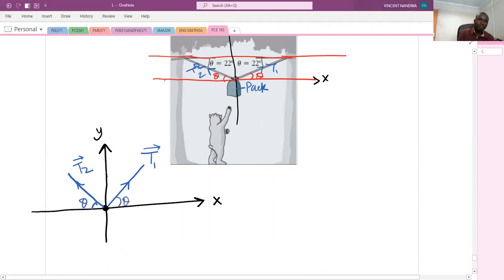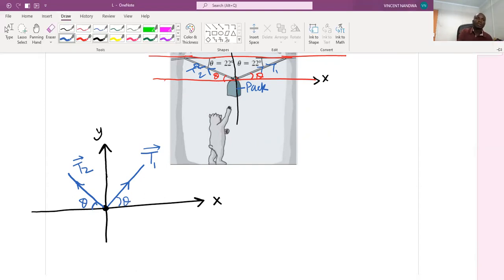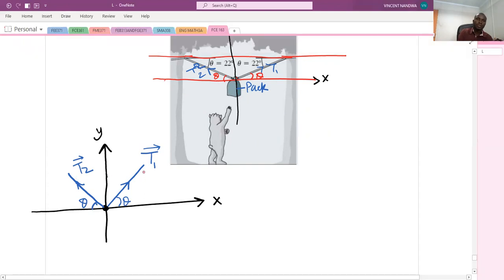So this is theta. What we do is draw a right angle triangle to resolve these forces. So this is 90 degrees, this 90 degrees.